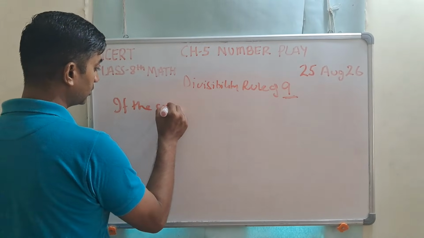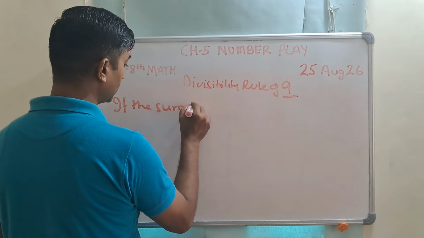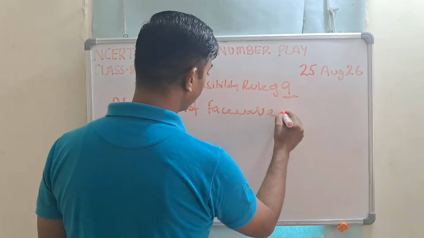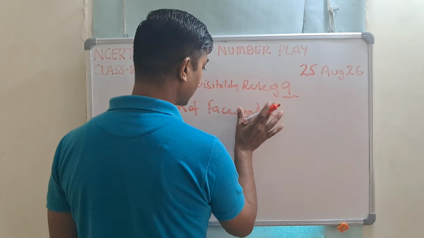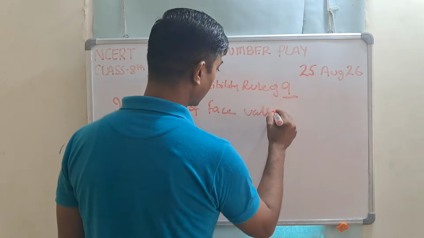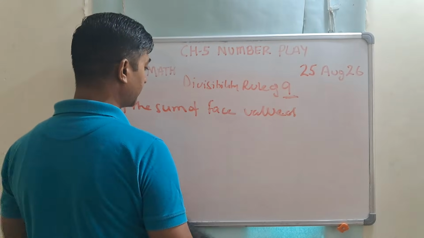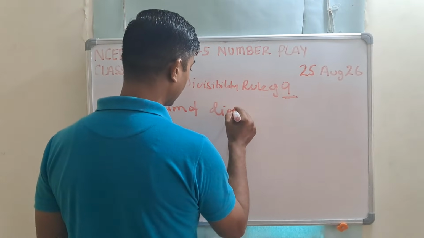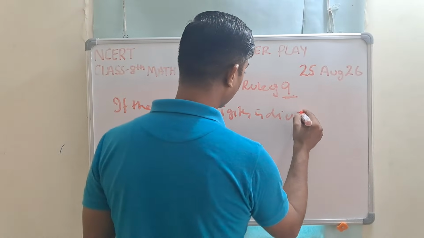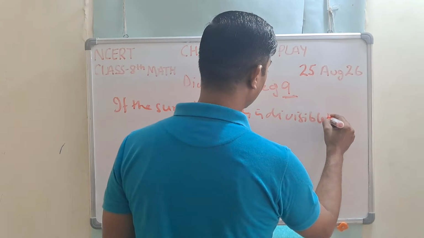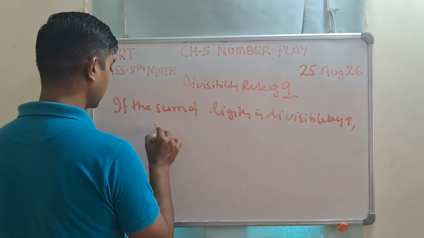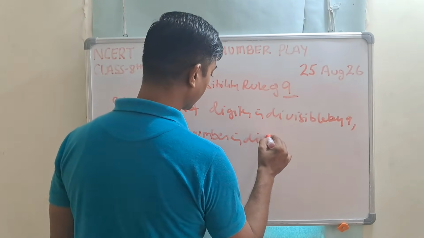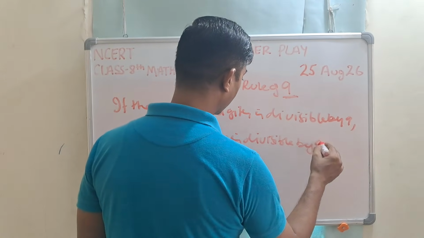If the sum of the face values, or we can say the sum of digits, is divisible by 9, the number is divisible by 9. Understood?